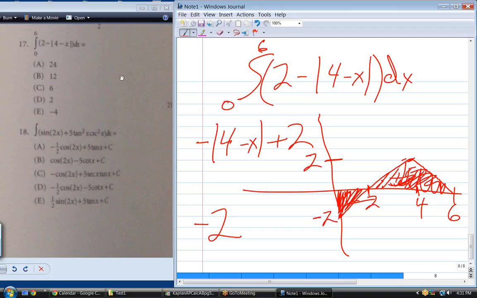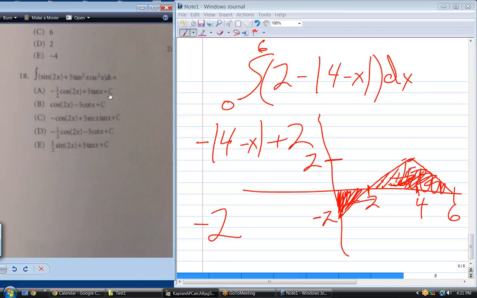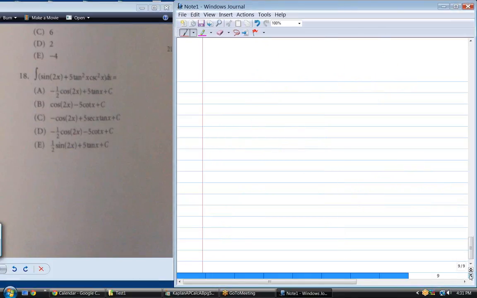Except I would have to do it in 2 different pieces. I would actually have to do it from 0 to 4 and then from 4 to 6. Because from 4 to 6, that thing changes when you eliminate the absolute value. So let's separate this problem into 2 things. What's that integral?